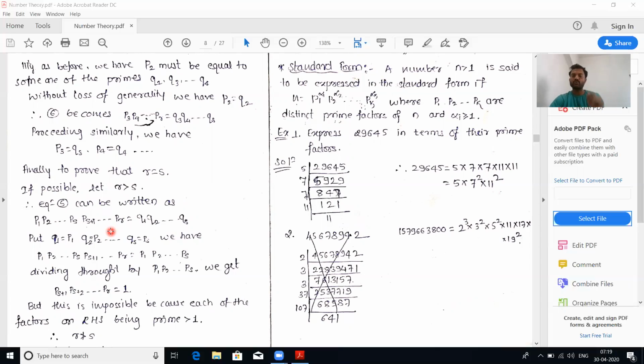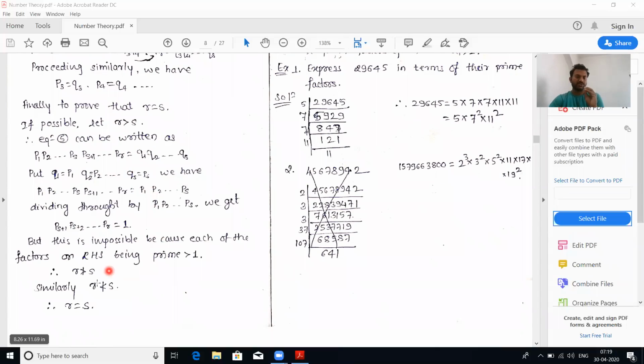The left side remains 1, and the right side gives QR plus 1, QR plus 2, up to QS. Again, the product is not equal to 1, as these are prime numbers. Hence, R less than S is also not true.